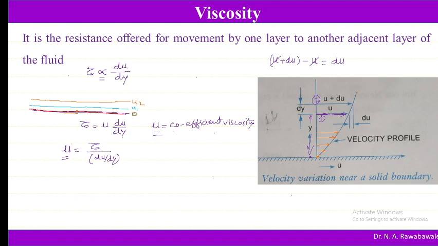We can study this coefficient of viscosity for various liquids or lubricants. So now this coefficient of viscosity has got a unit. What is the unit of this coefficient of viscosity that we have to see?